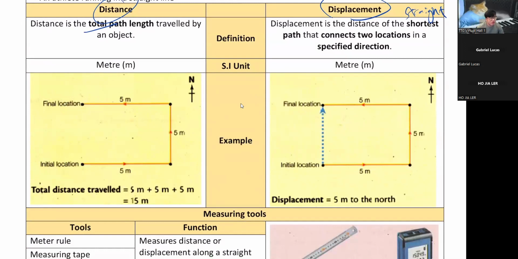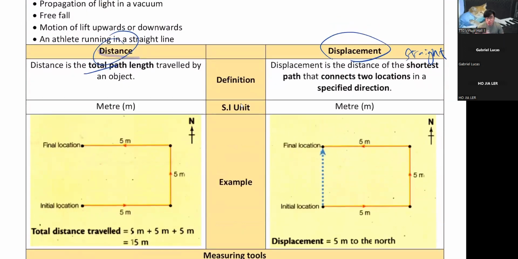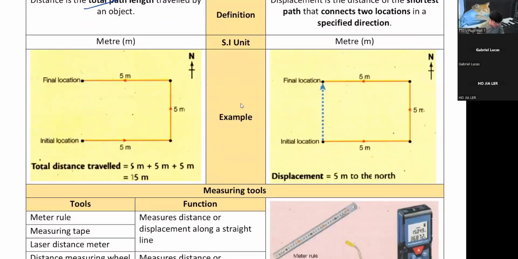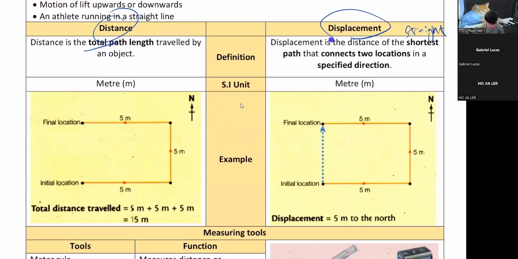When we calculate the distance, we want the total thing traveled. That means 5 plus 5 plus 5, so the total distance is 15. But for displacement, we don't care how long you travel or what path you took. I just want the straight line from start to ending.